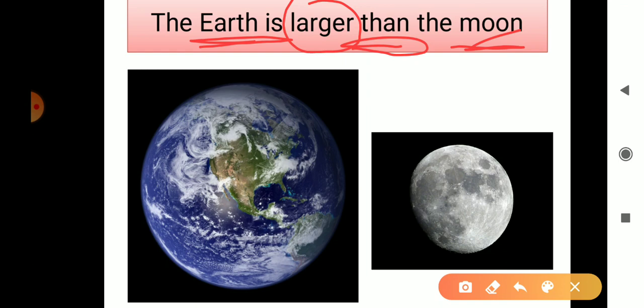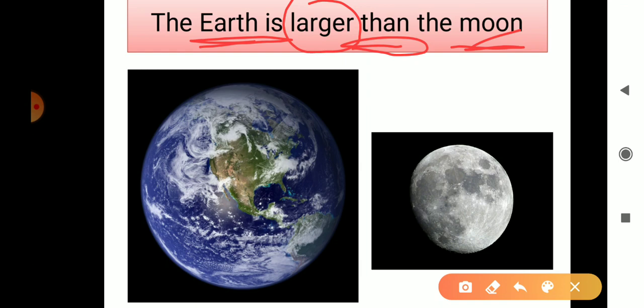Large, larger, largest. In the positive degree, we would say earth is as large as moon. We cannot make that sentence because we know the moon is not as large as earth.